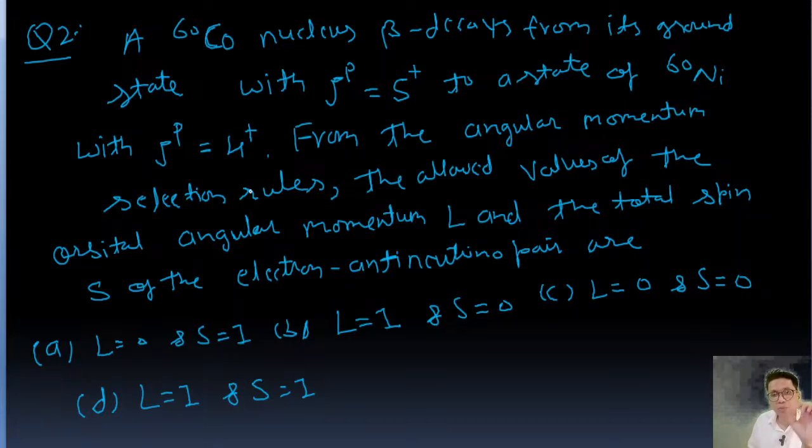From the angular momentum selection rules, the allowed values of orbital angular momentum L and the total spin S of the electron antineutrino pair are. So we need to find out the angular momentum and the total spin of the electron antineutrino pair. Very good question. I'll solve it.